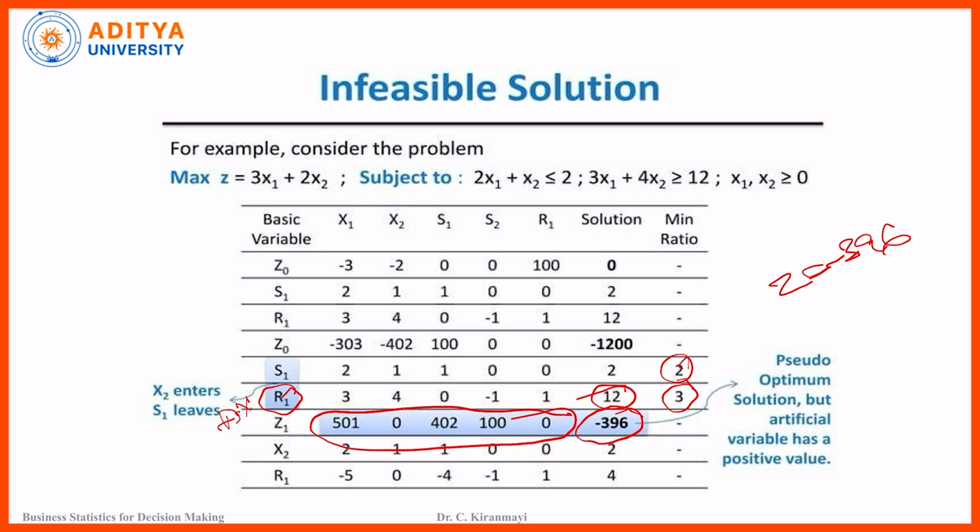So this indicates that the solution is infeasible. So at the optimum stage, there is still an artificial variable with positive value. This kind of situation denotes that the solution is infeasible. In turn, we can say that the linear programming problem has no solution.